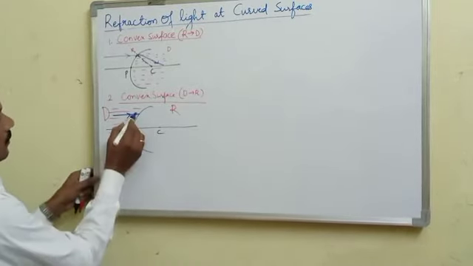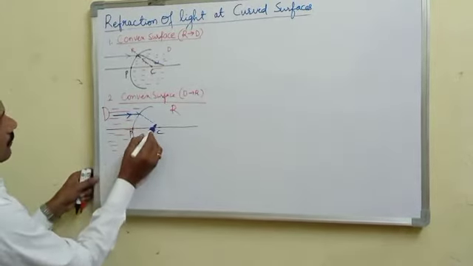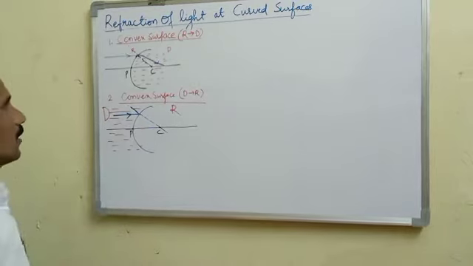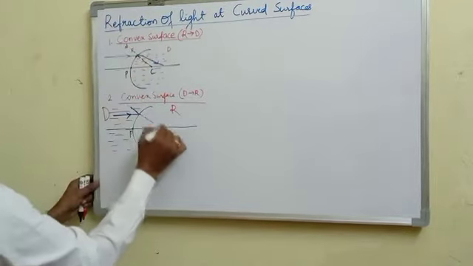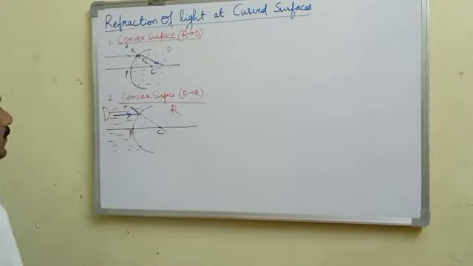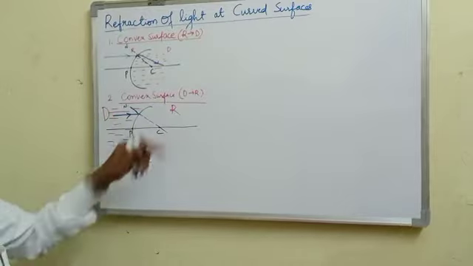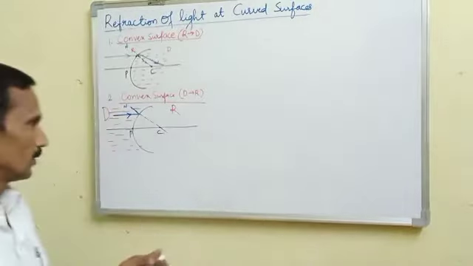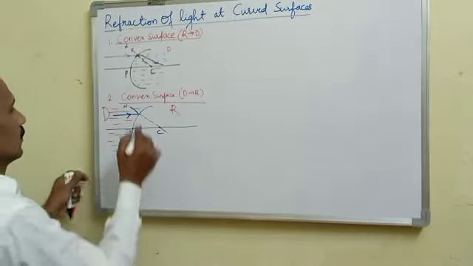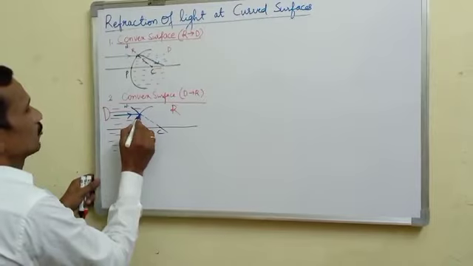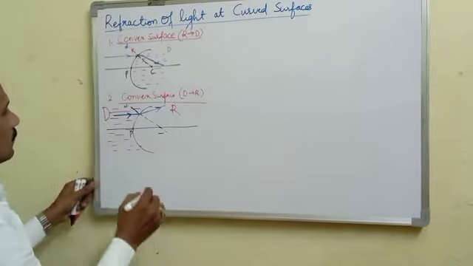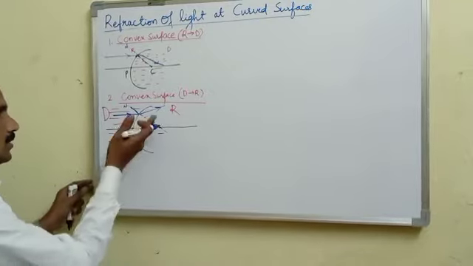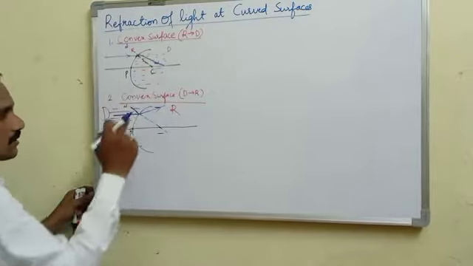Next, we have to draw a normal to this position. These are normals. So when light propagates from denser medium to rarer medium, it moves away from the normal like this. The refracted ray moves away from the normal, so it appears as diverging. In the previous case it is converging, here it is diverging.